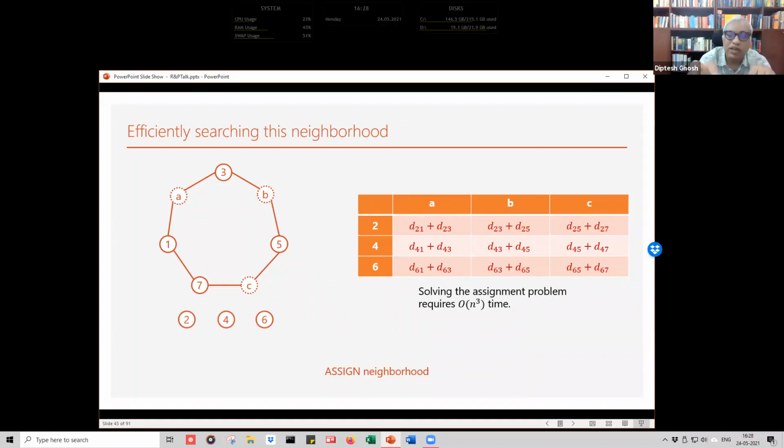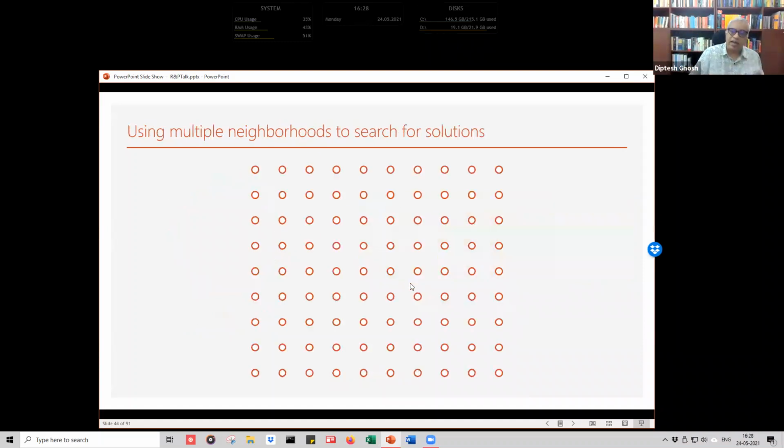You have a small neighborhood, which you can implement very fast. This is a neighborhood which can be computed very fast, and this is your primary neighborhood to use. And sometimes you have another neighborhood which is larger and which is more difficult to compute.